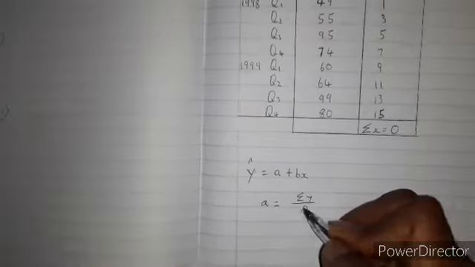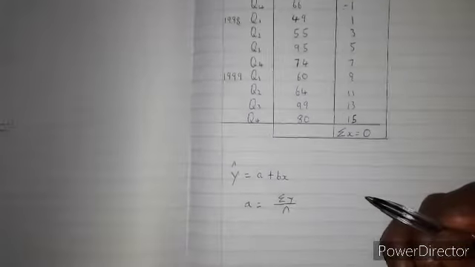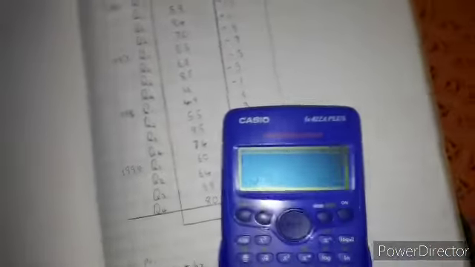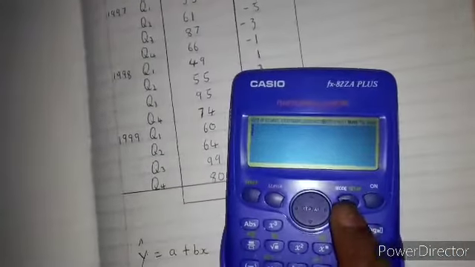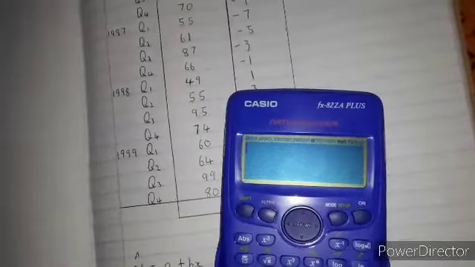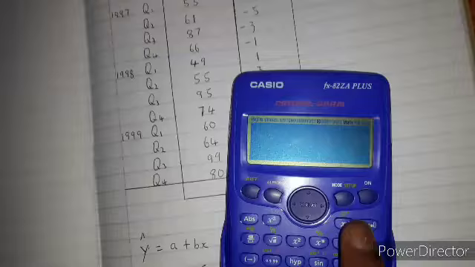Let's start with a. a is equal to the sum of y over n. You go to the calculator, which is the Casio FX-82ZA Plus.